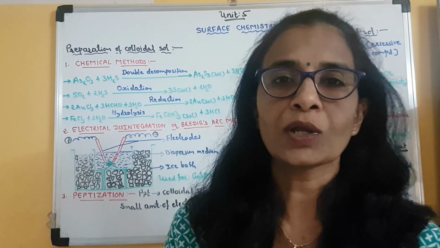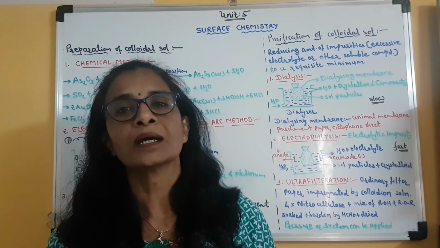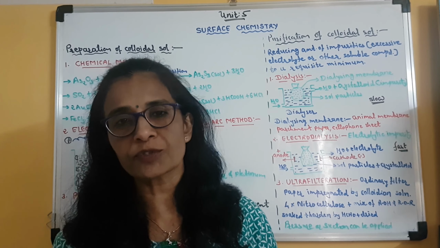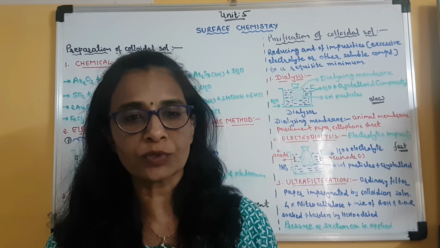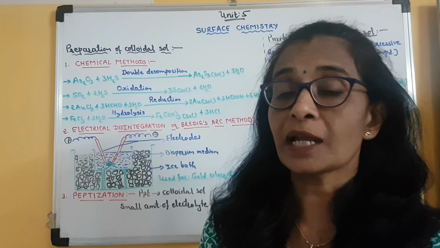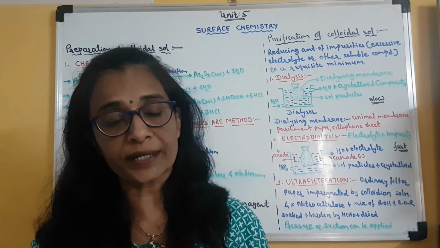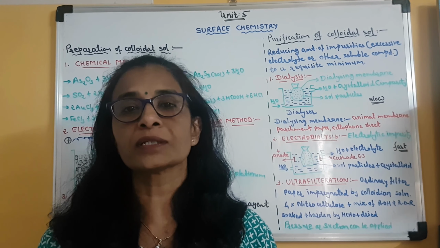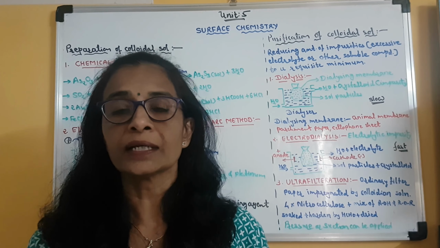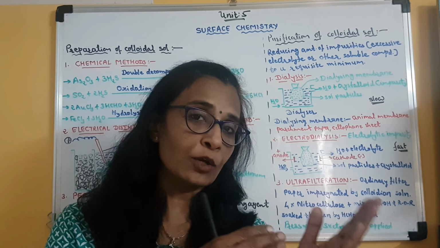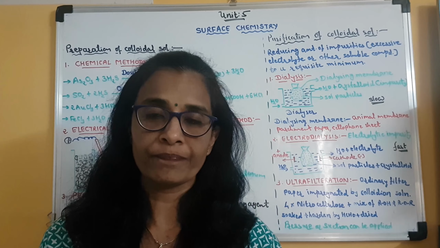As you are all aware, we are talking about surface chemistry, the fifth chapter of your chemistry textbook, that is part 1. In the previous lecture we studied classification of colloids. In one of the classification criteria we studied two types of colloids, lyophilic and lyophobic.